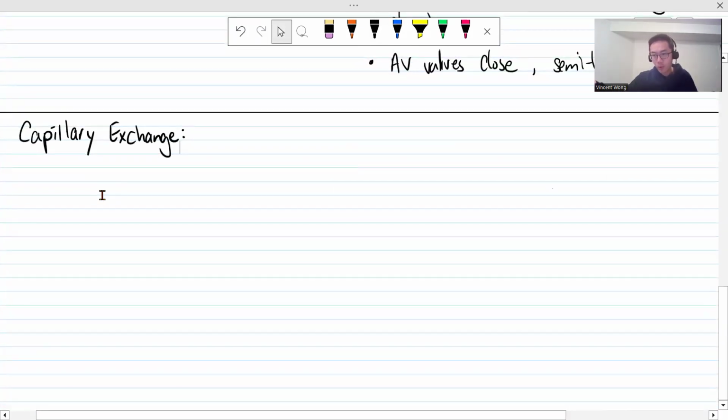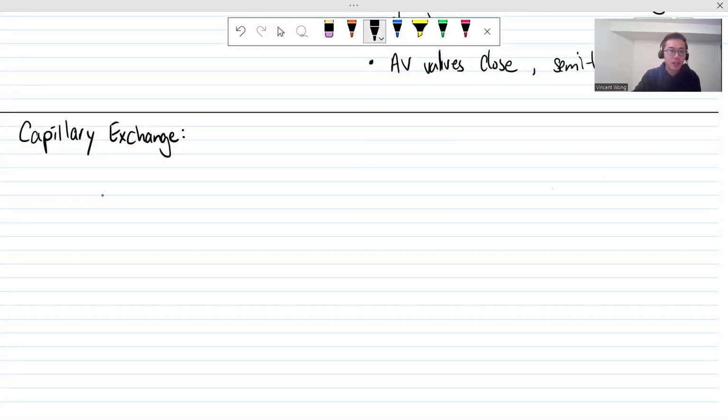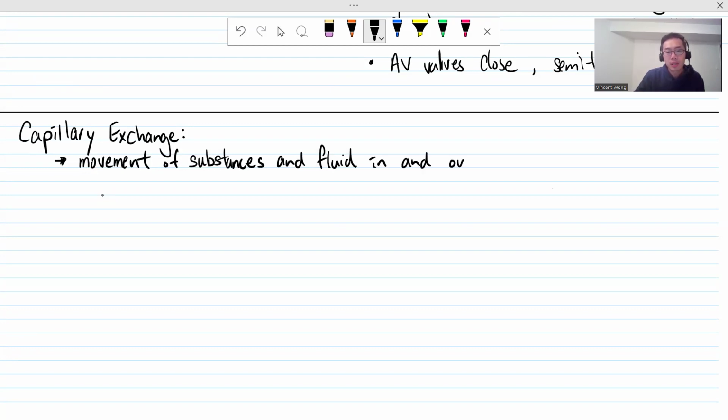First, what does it mean? What is capillary exchange? Capillary exchange is basically movement of substances, I guess, and fluid in and out of the capillary.